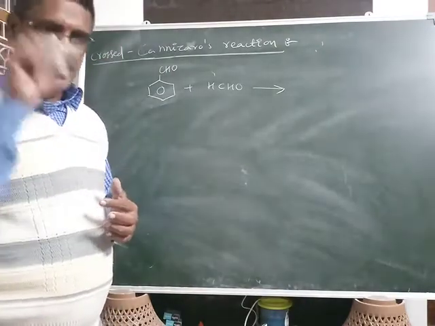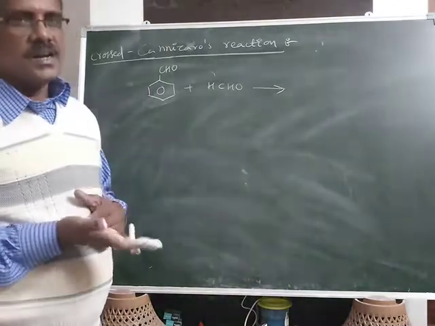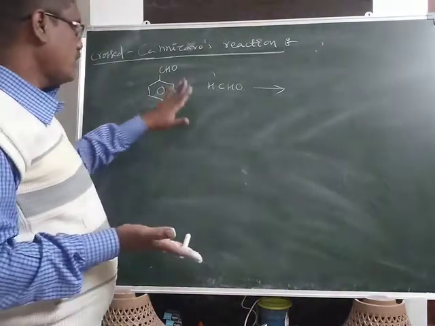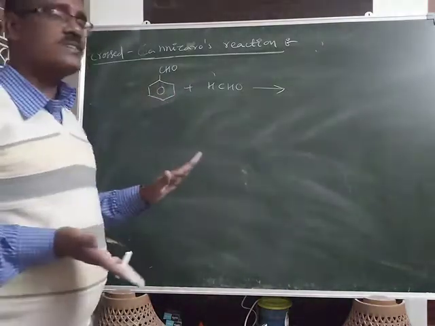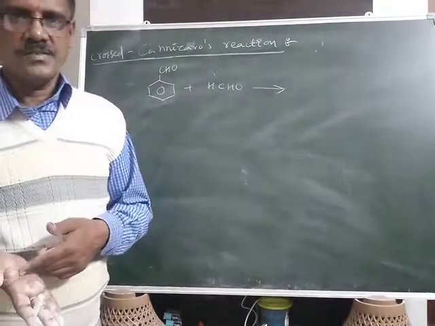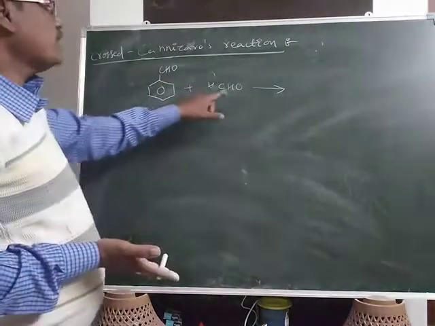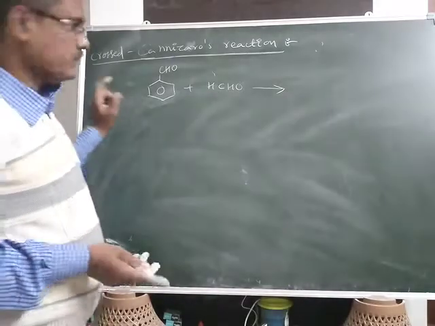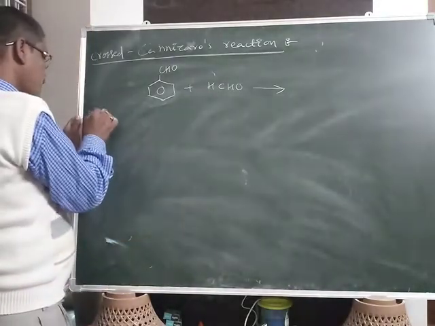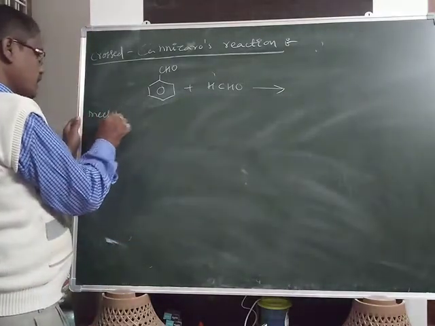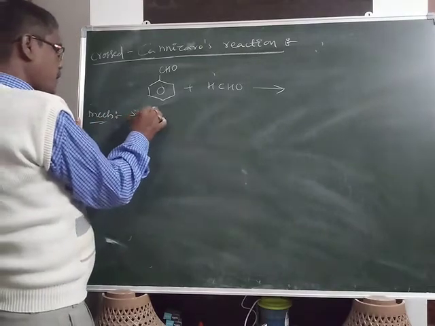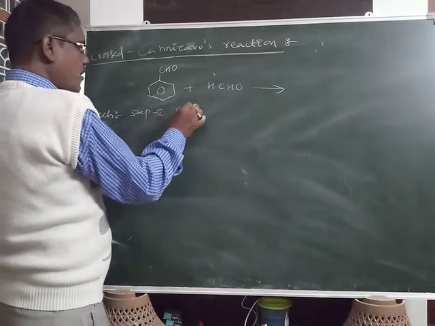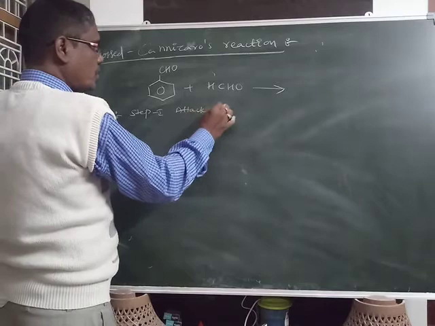One molecule oxidizes, other molecule reduces, I said. But in this case, which one oxidizes, which one reduces? That can be decided by their reactivity. According to the mechanism, step 1 is attack of nucleophile.